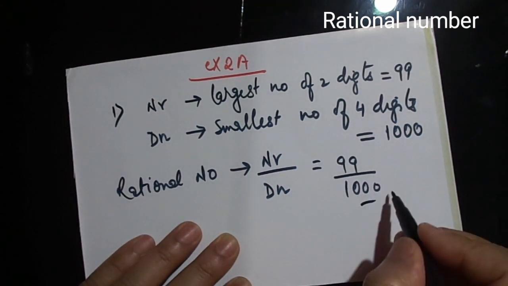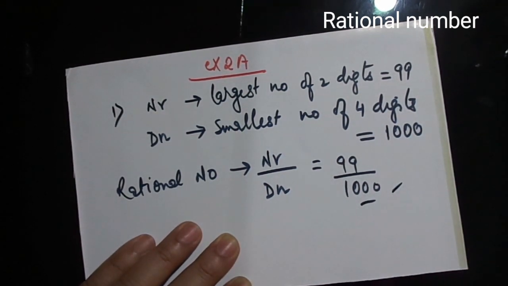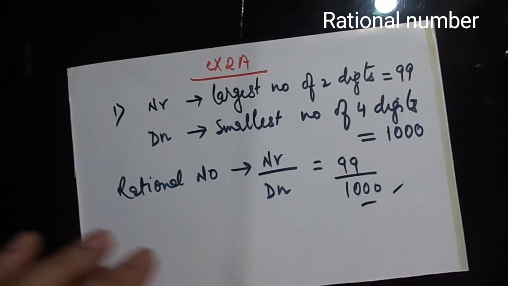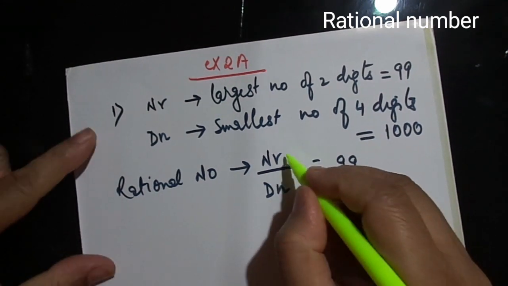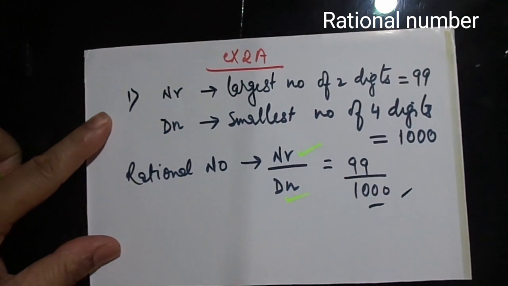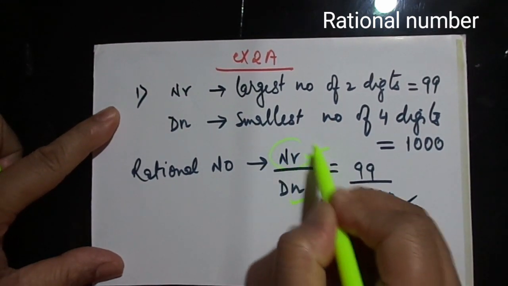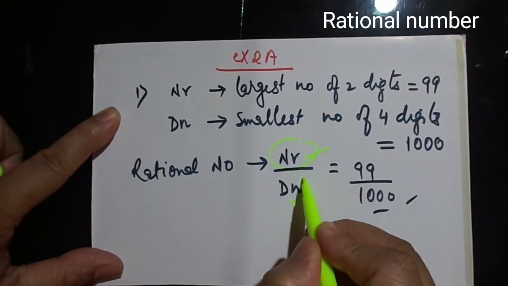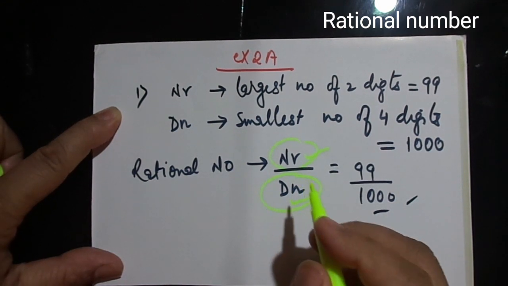This is your answer. Okay, so I hope you have got an idea about the numerator and the denominator. The numerator is the top one, while the denominator is the bottom one.